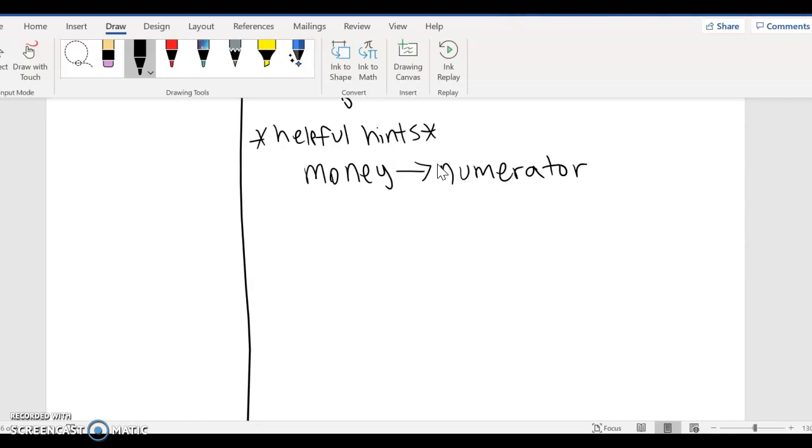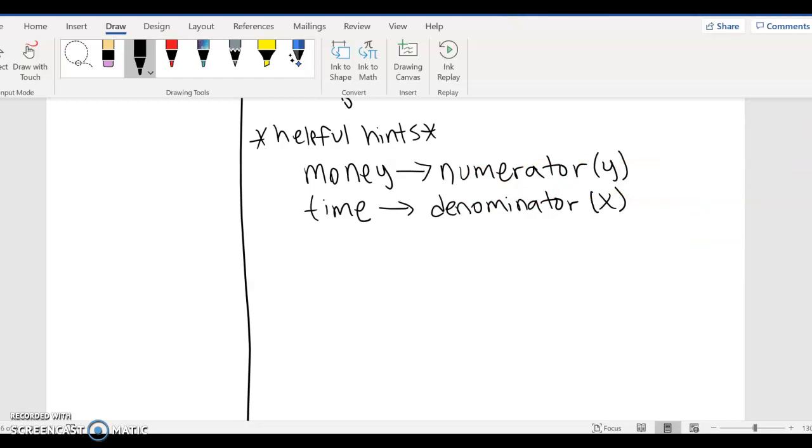So for us, that is going to be our y value, because y always goes on top. Anytime we have a measurement of time, whether it is minutes, seconds, days, hours, weeks, months, any measurement of time, that is always going to be our denominator. So for us, that's going to be x.